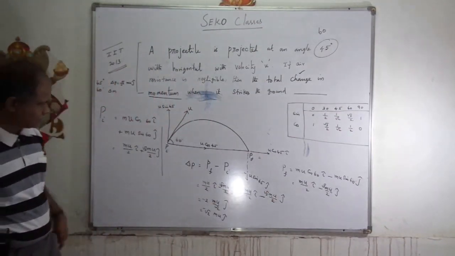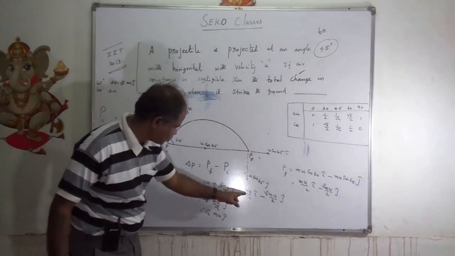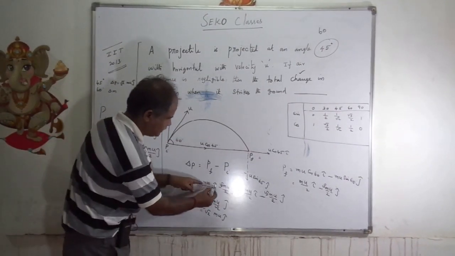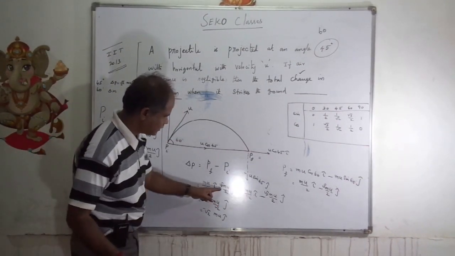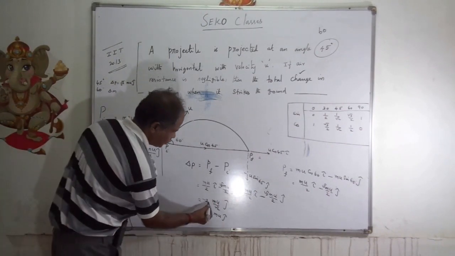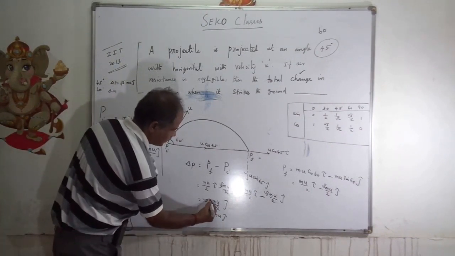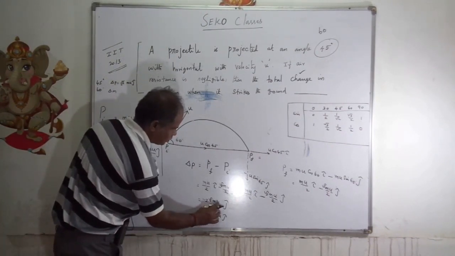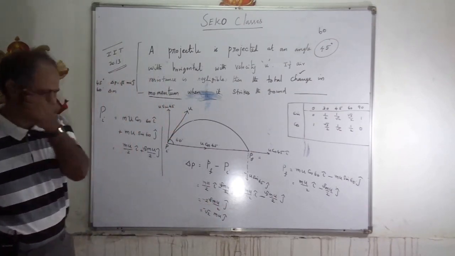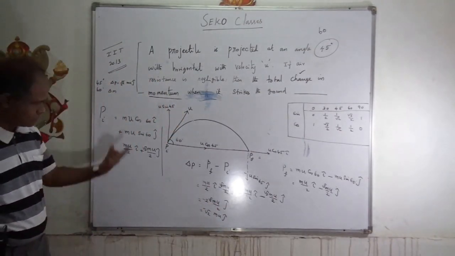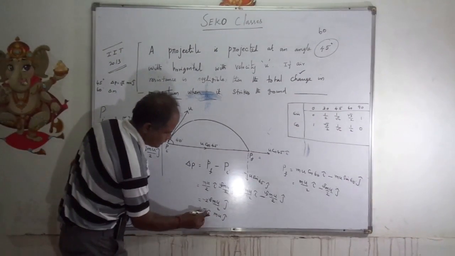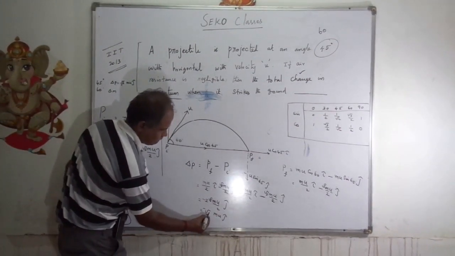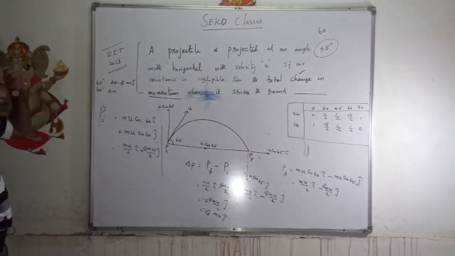The cancelled term is what? This one and that cancelled. Remaining term, this only. That is 2 times root 3 by 2. The 2 gets cancelled. That is root 3 mu j.